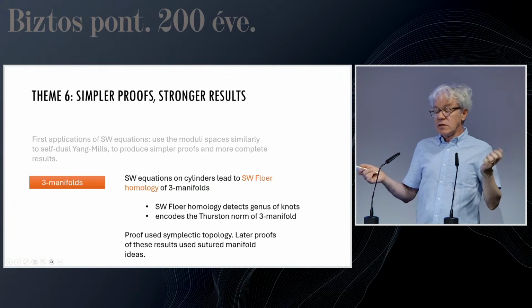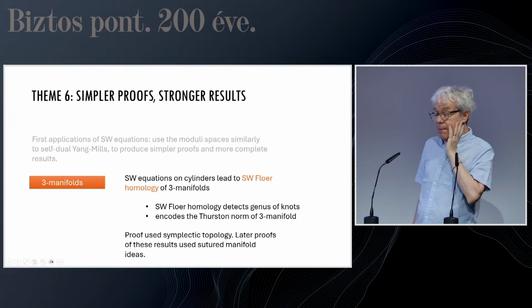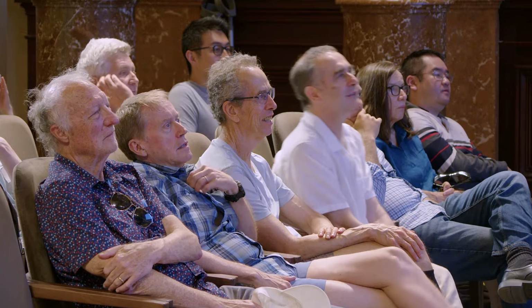Just as we have the instanton homology, there's a Seiberg-Witten Floer homology constructed in a very similar manner. The Seiberg-Witten Floer homology again detects the genus of knots and encodes the Thurston norm of three-manifolds. First proofs of these things actually involved symplectic topology and predated the instanton results, which relied on the work of Juhász and others.